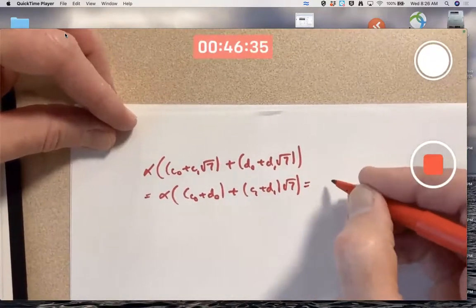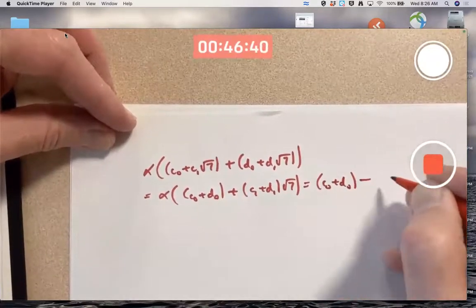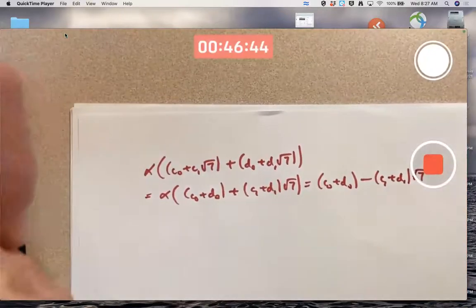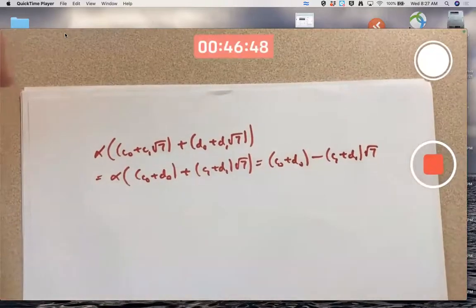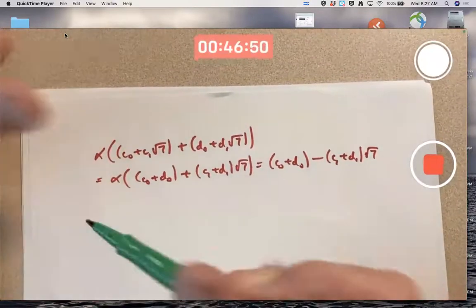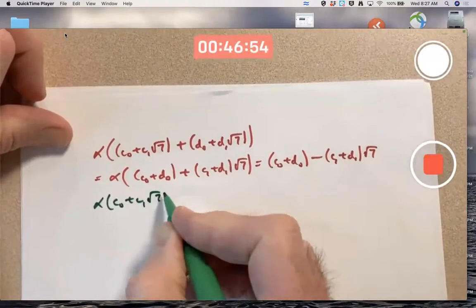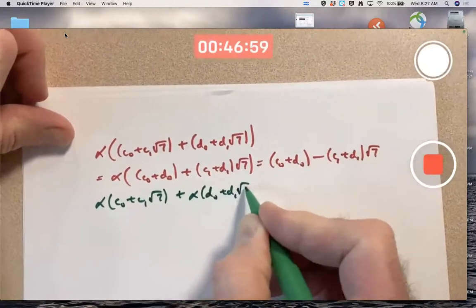And the formula for alpha says this is going to be C0 plus D0 minus C1 plus D1 times root 7. And yeah, that is definitely going to be the same as alpha of C0 plus C1 root 7 plus alpha of D0 plus D1 root 7.